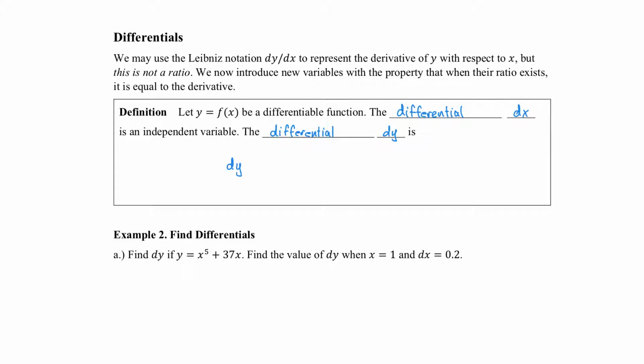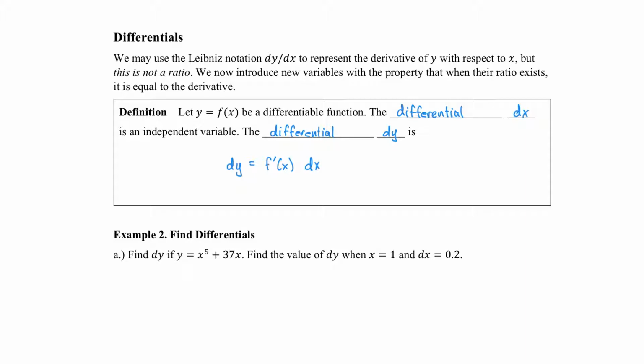So this dy is going to be the derivative multiplied by dx. And again, what this gives us is a way to understand how one small change in x relates to a small change in y. Again, d representing the difference.